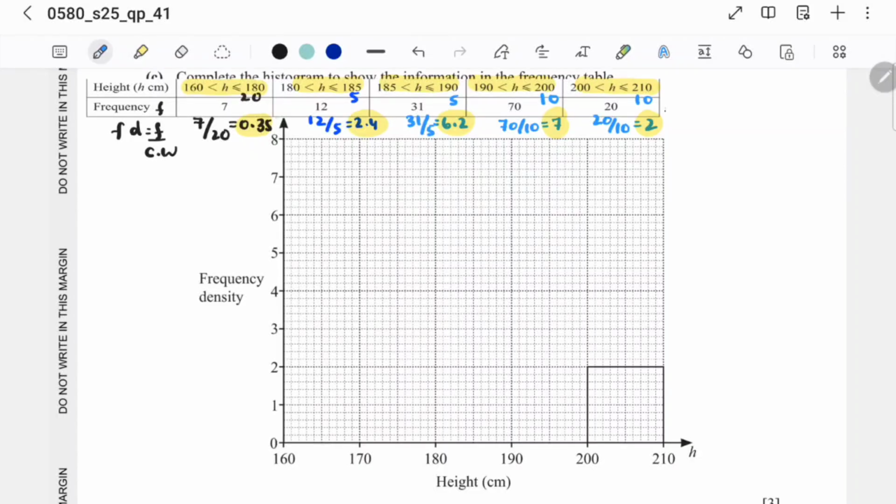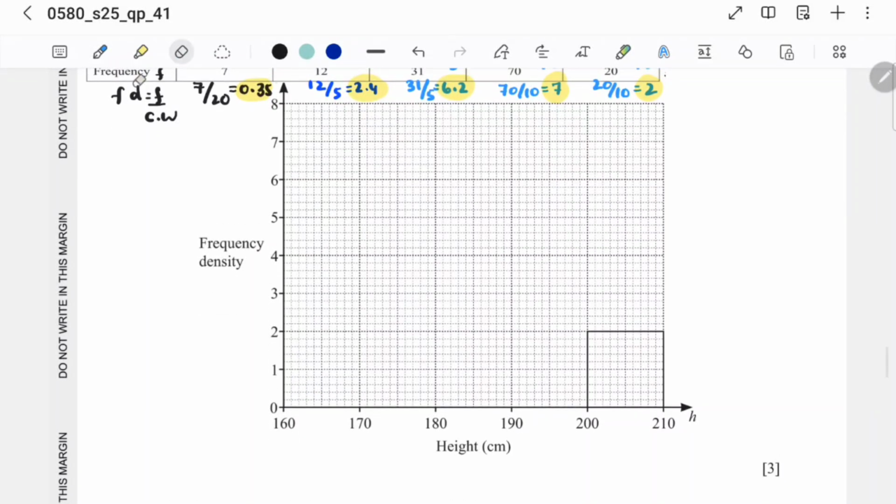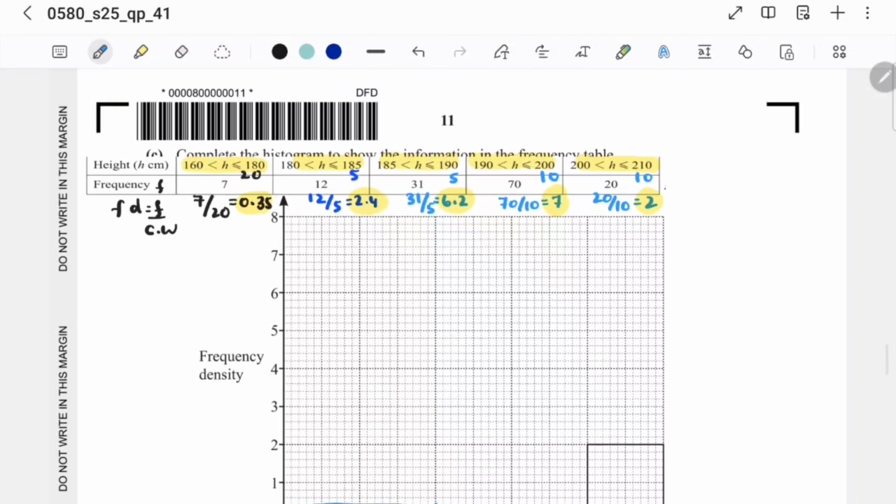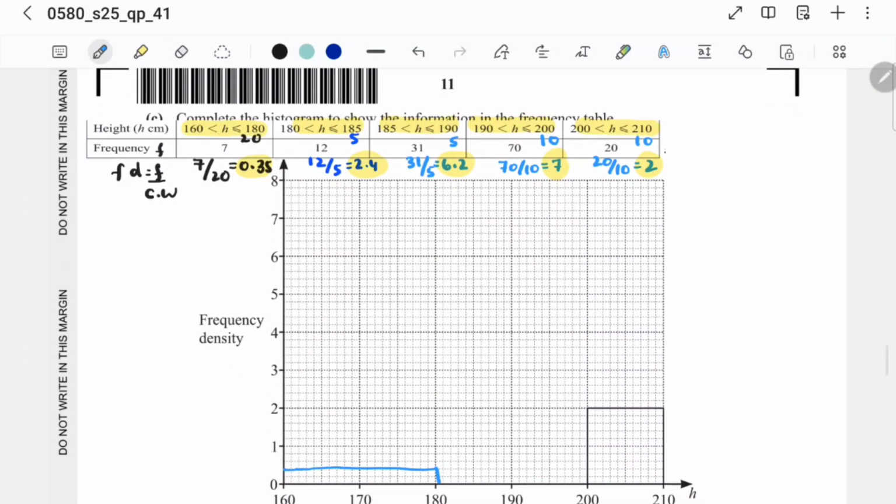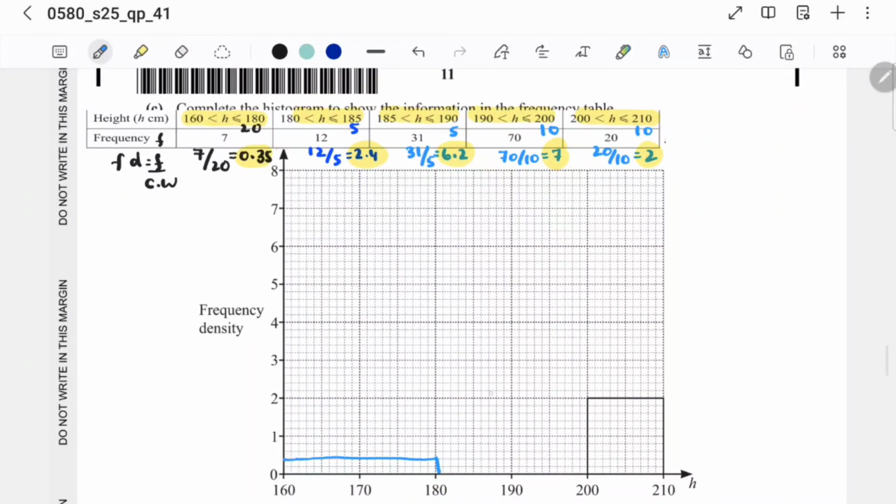The first one, 160 to 180, is reaching till 0.4 or 0.35. This is the first one. The second one is reaching till 2.4, till 185. Take your ruler and join it. This is the second one.